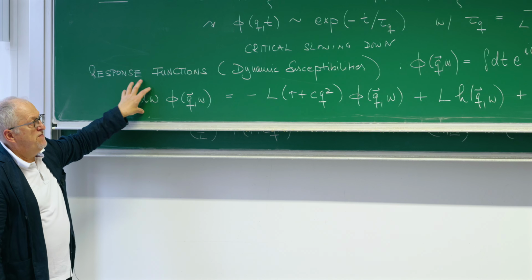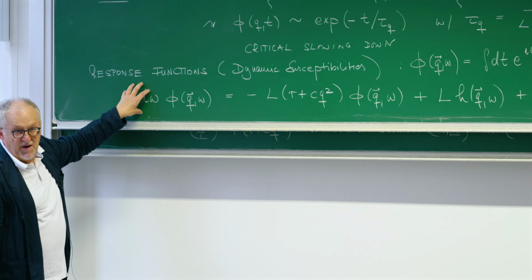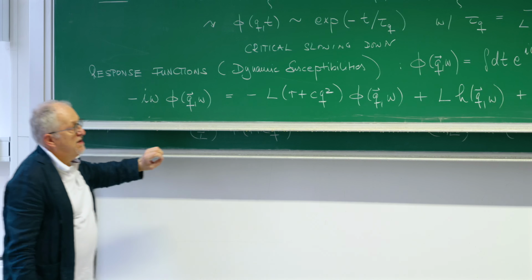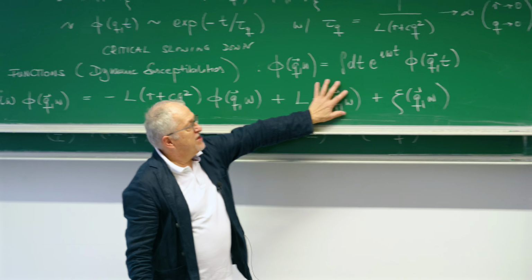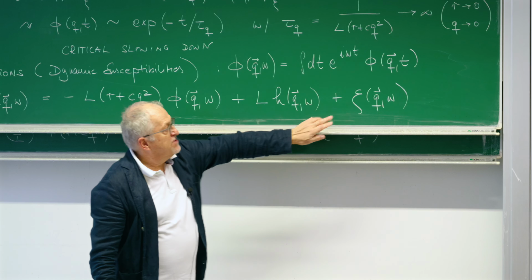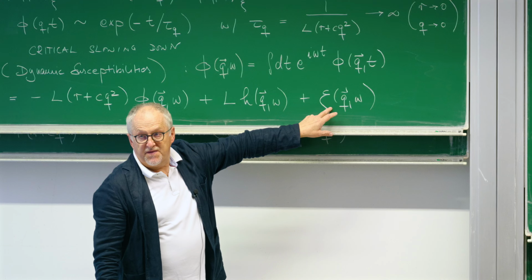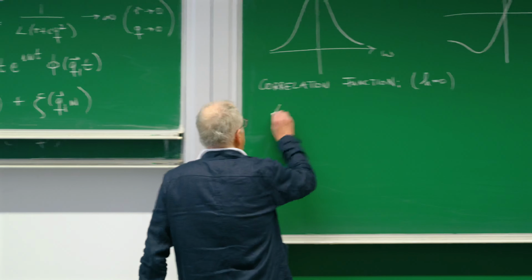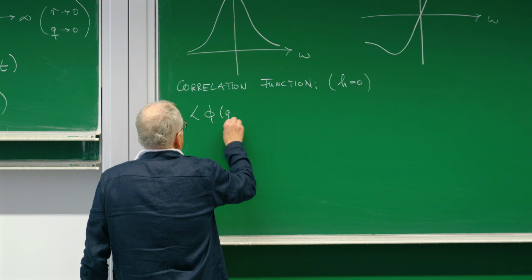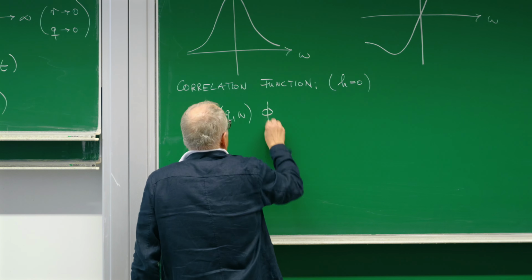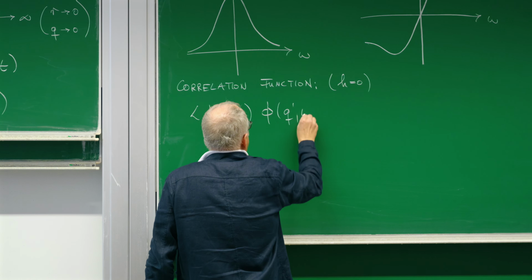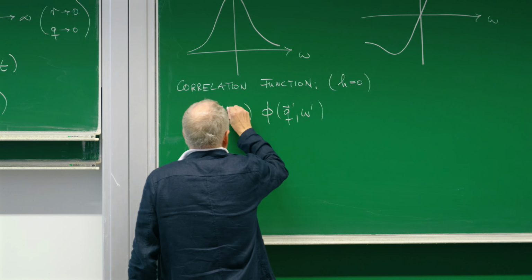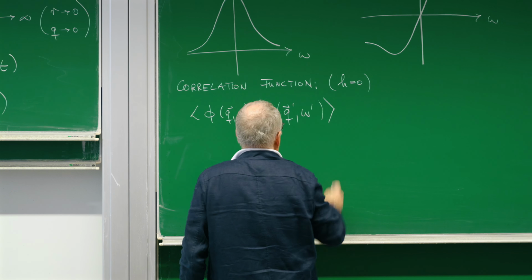So that gets the inverse propagator as the prefactor of it. I put h equal to 0, so I don't have that. And on the right-hand side, I just have zeta. To calculate the correlation function, phi of q and phi of q prime, omega prime, averaged.